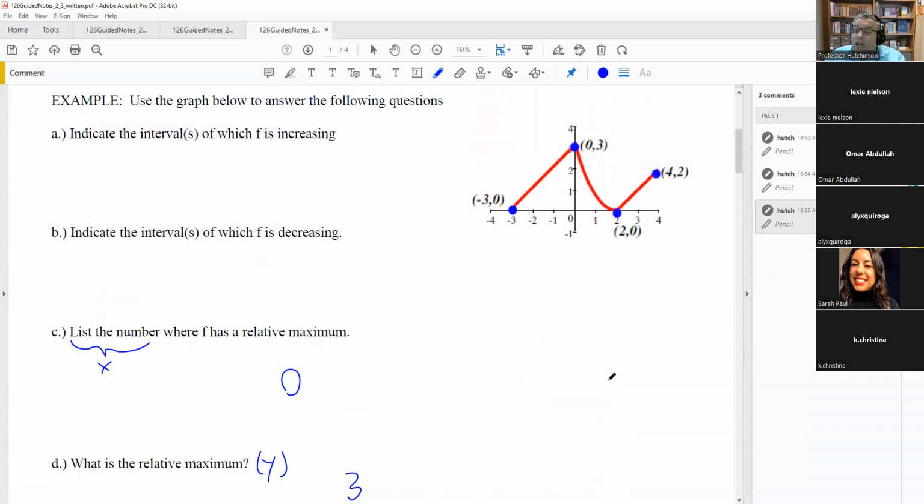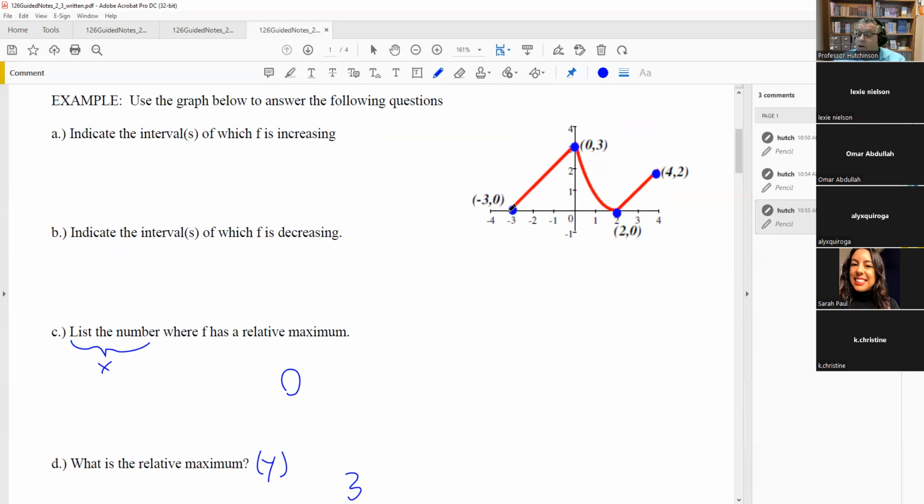Now let's find the intervals for increasing and decreasing. These you have to list in interval notation. You're not using coordinates for this at all. Increasing means you're looking for the part of the graph that's going uphill as you move from left to right. This graph has two places where that occurs.